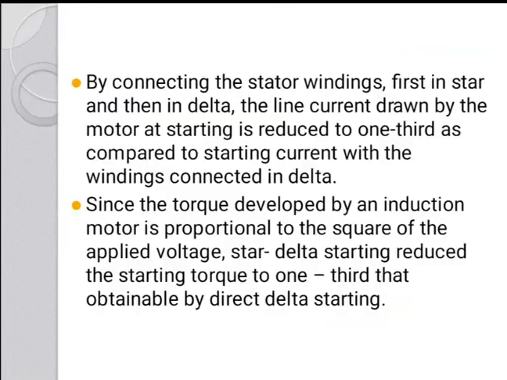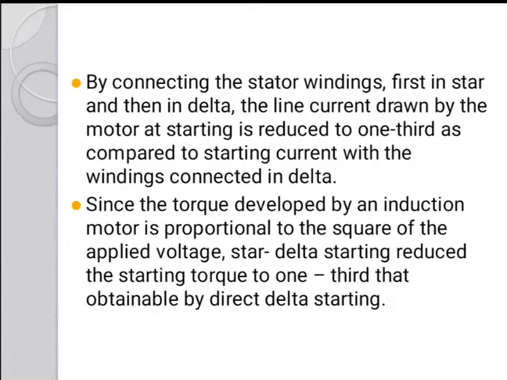By connecting the stator windings first in star, and then in delta, the line current drawn by the motor during starting will be reduced to 1/3 as compared to the starting current with the windings connected in delta.